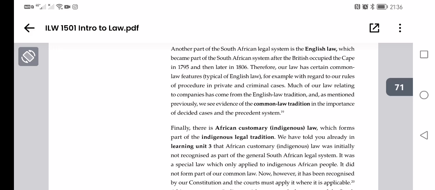For example, our rules of procedure in private and criminal cases, and much of our law related to companies, have come from the English law tradition. As mentioned previously, we see evidence of the common law tradition and the importance of decided cases and the precedent system.